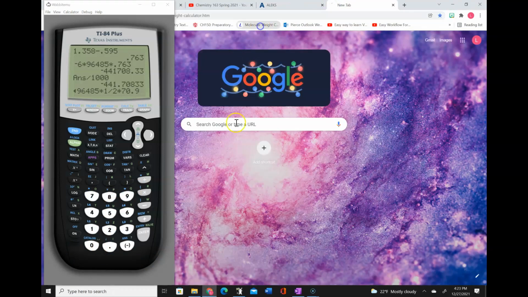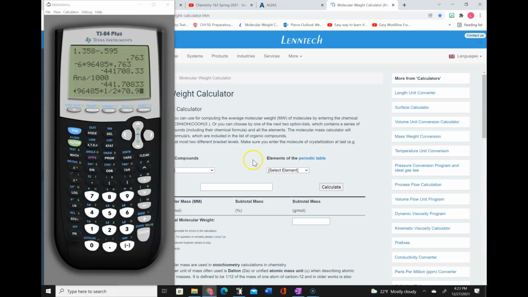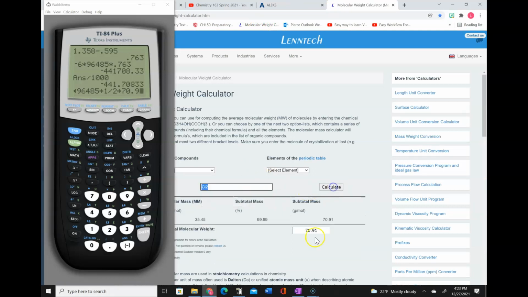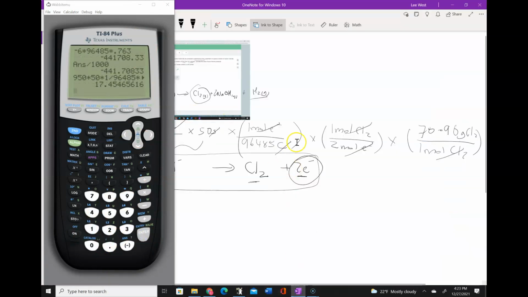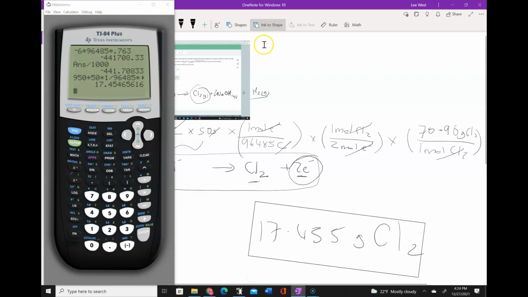I just did that in my head, but it's 70.91, I would have been out by 0.01 grams of chlorine for every 1 mole. There we go. So this ends up being 17.45 grams of chlorine, not O2, chlorine, that is produced, and then you just have to round that to the correct number of significant figures.